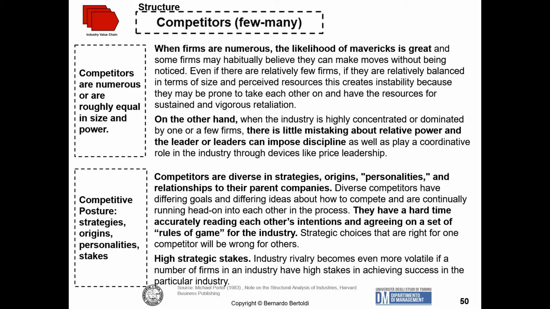That's how we usually synthesize the process, but to get there you have to do a number of analyses. The first one is the number of competitors, but then also the dimension of these competitors, because if competitors are of the same dimension, with the same way of doing things, in the words of Porter, the likelihood of mavericks is great.